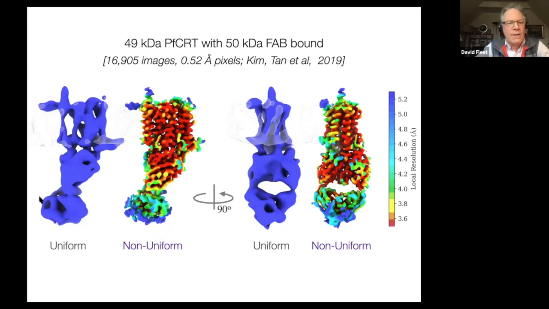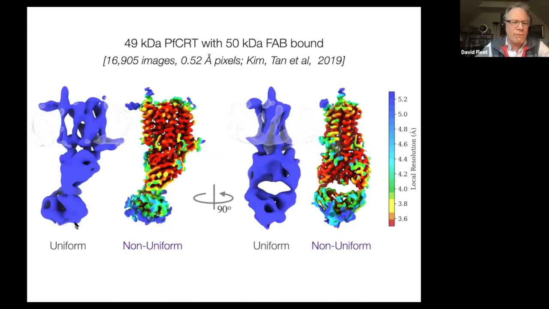It's thought that because of the mutation of this protein, chloroquine is no longer a good anti-malarial drug. And so by understanding what has changed in this protein, researchers were hoping to modify chloroquine to develop new anti-malarials. The problem is traditional algorithms for doing the reconstruction fail on this protein.